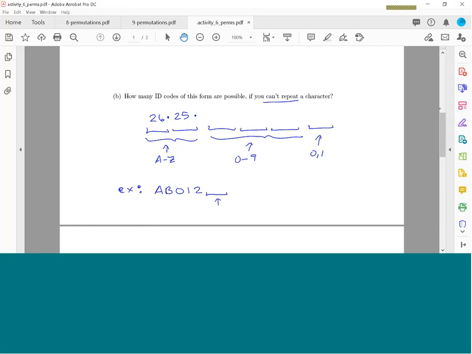Well, that last digit is supposed to only be 0 or 1, but you weren't allowed to repeat digits. So what's the issue here? If you're only allowed to put in 0 or 1, and both of them have already been used, that tells you, oh dear, there's a problem.